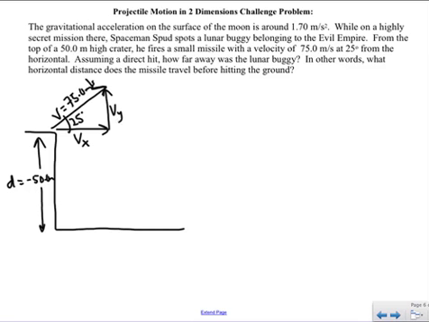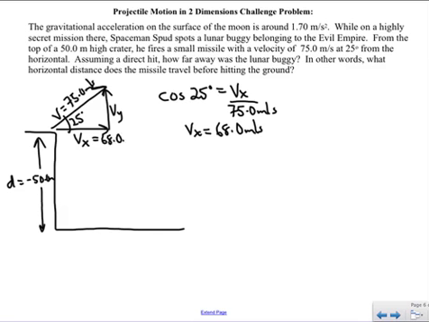So I'm going to resolve this into its x and y components. I'm going to use cosine 25 degrees equals Vx over 75.0 meters per second. And so Vx will equal, make sure your calculator's on degrees, 68.0 meters per second. So I'm just going to write that in on my little diagram here.